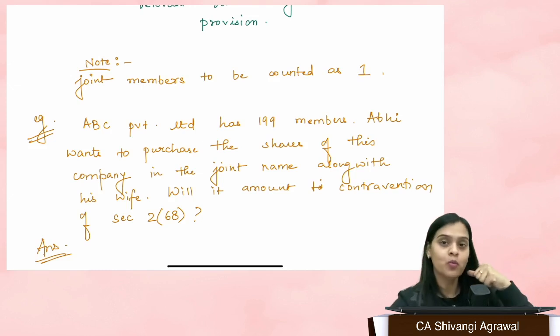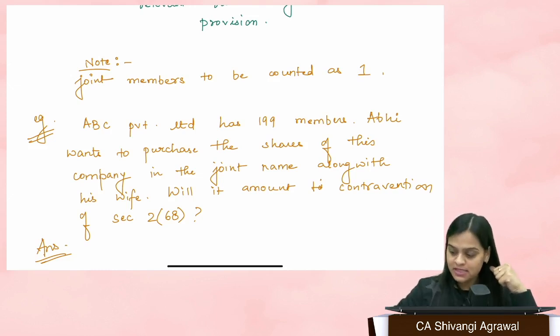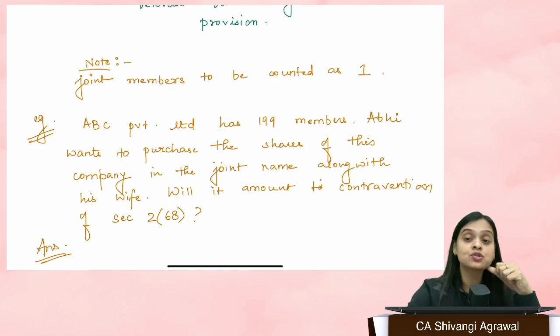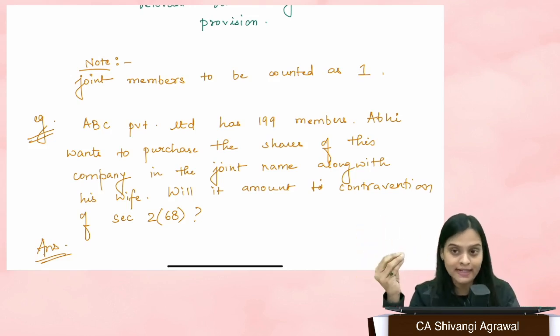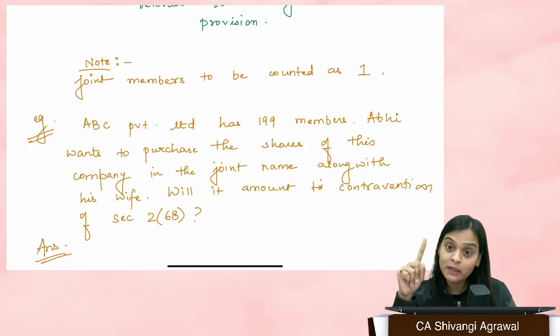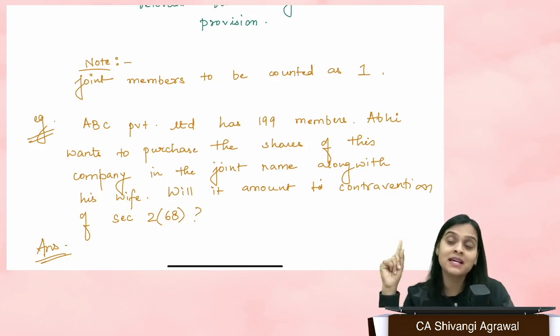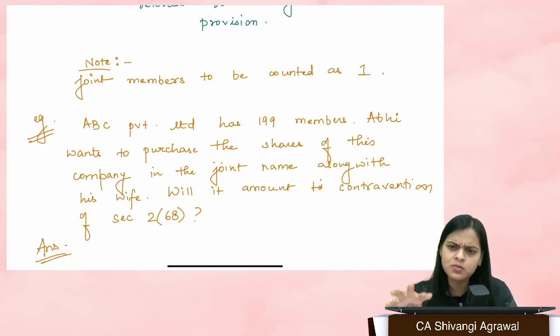So there are already 199 members in a particular company, and then comes Mr. Abhi who wants to invest in this company in the joint name. So does it mean that 199 plus Mr. Abhi plus his wife amounts to 201 members, or does it mean 199 plus one member?